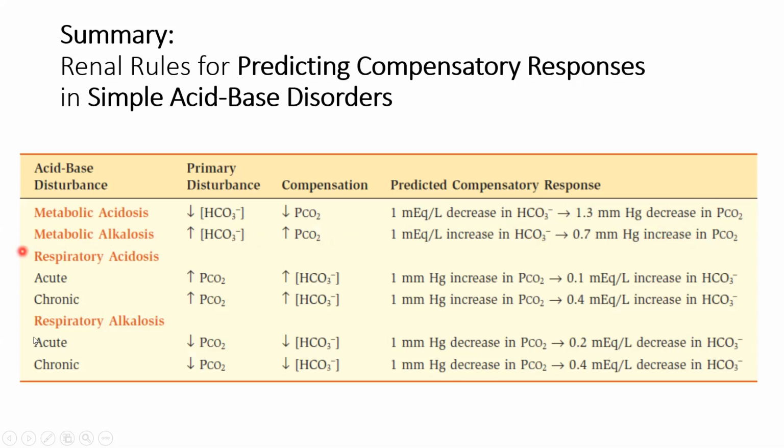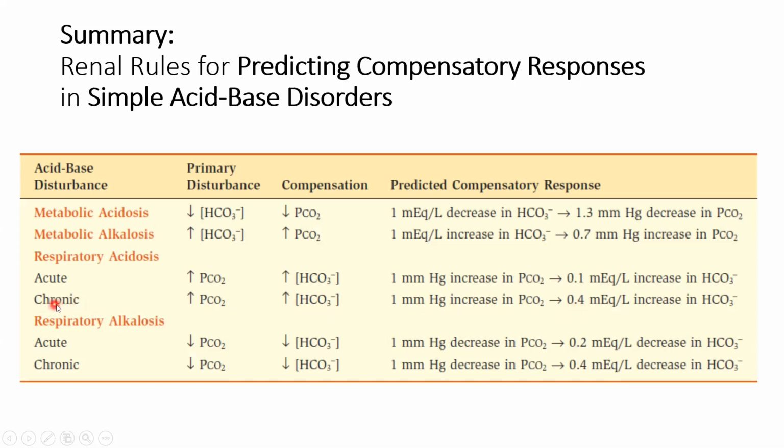The second reason for selecting this table is that it divides respiratory acidosis and alkalosis into acute and chronic. All you need to see here are the units. In acute, you change bicarbonate by 0.1 milliequivalent per unit change in PCO2, while in chronic respiratory alkalosis, you need to raise that to about 0.4, and then you can address the corresponding change in PCO2.